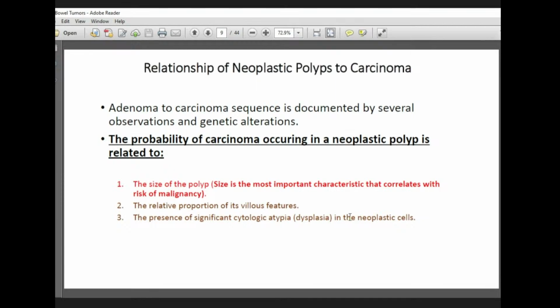These are the three very important features, and among these three, the size is very, very important. Or you can be asked which one of the following is the most important determinant of malignancy in a polyp or in an adenoma: size, tubular architecture, mild dysplasia, or something. Okay, so size will be most important.